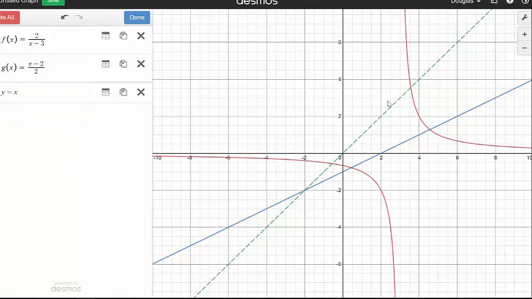So what I've been trying to tell you guys is that if you see a graph of two functions and you notice a symmetry about y equals x, then there's a really good chance that those two functions being graphed are in fact inverses of each other.